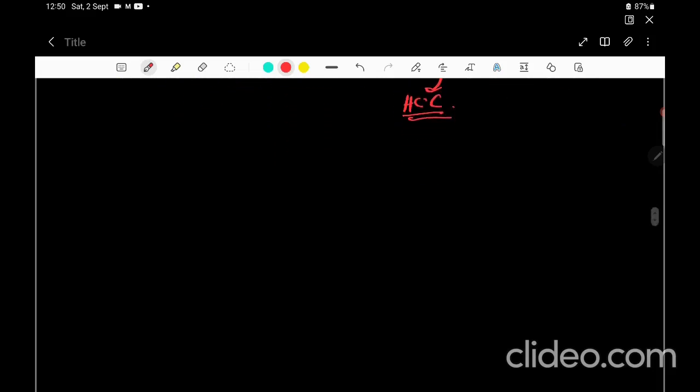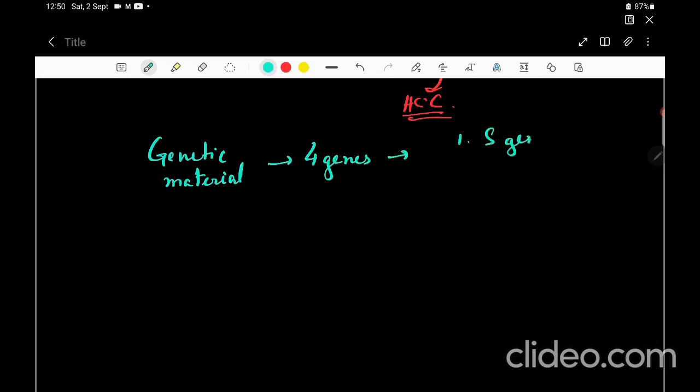Let us discuss the virus, and the components of the viral genes, which are very important in diagnosis. For the genetic material, there are 4 genes: the S gene, the C gene, the P gene, and the X gene.